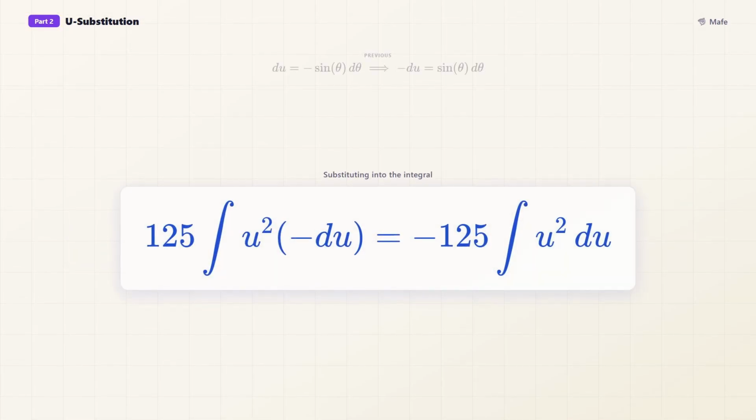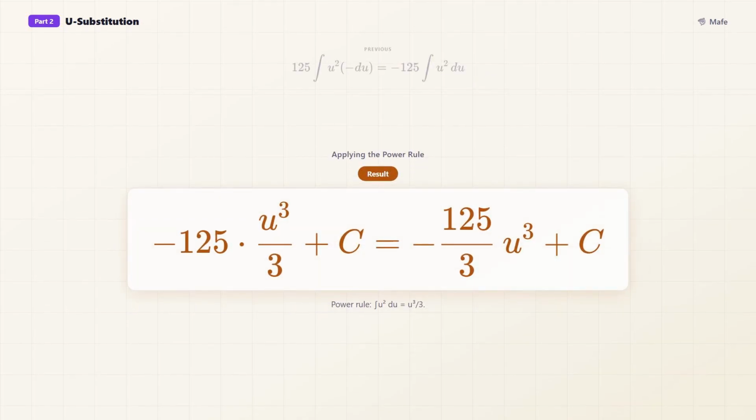With substitution in the integral, cosine squared theta becomes u squared and sine theta d theta becomes negative du. The integral becomes negative 125 times the integral of u squared du.